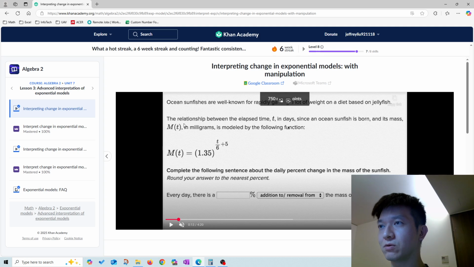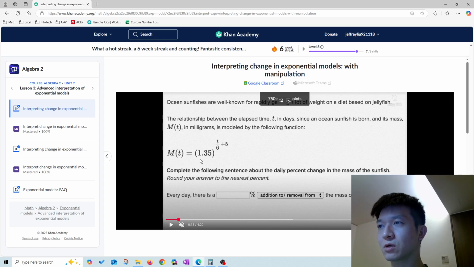In this case we have sunfish, and this is the elapsed time, t, and you get the result as the mass of the whole bunch of fish that is born. Every day there is what percentage addition to the mass of the sunfish? That is the question.